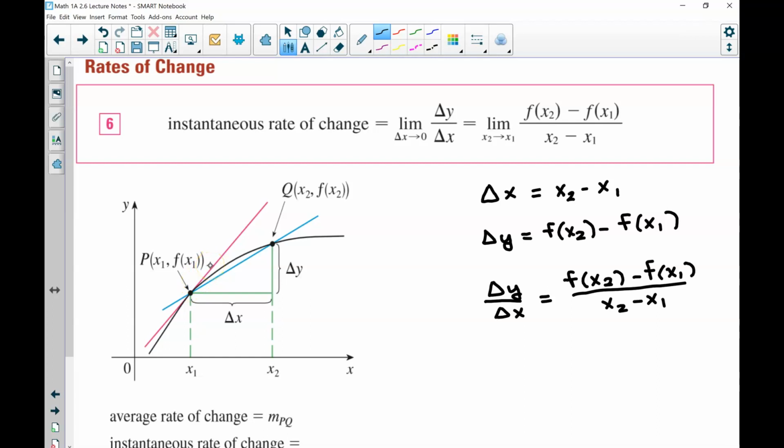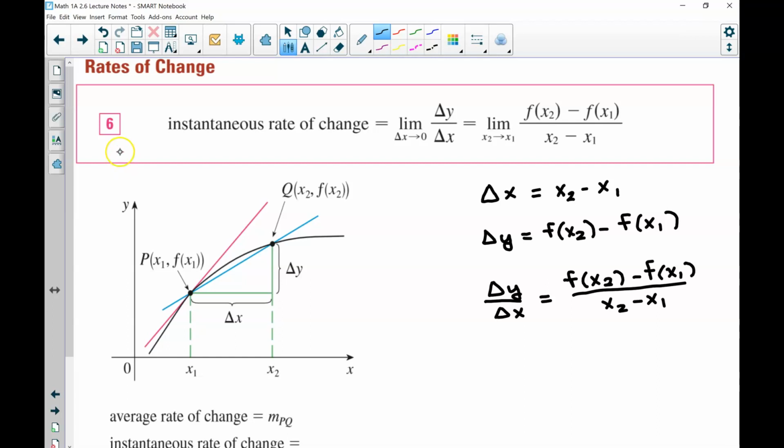Now, by analogy with velocity, we consider the average rate of change over smaller and smaller intervals by letting x2 approach x1, and therefore letting the change in x approach 0. The limit of these average rates of change is called the instantaneous rate of change of y with respect to x at x equals x1, which is interpreted as the slope of the tangent to the curve y equals f of x at the point P, at x1 and f of x1.